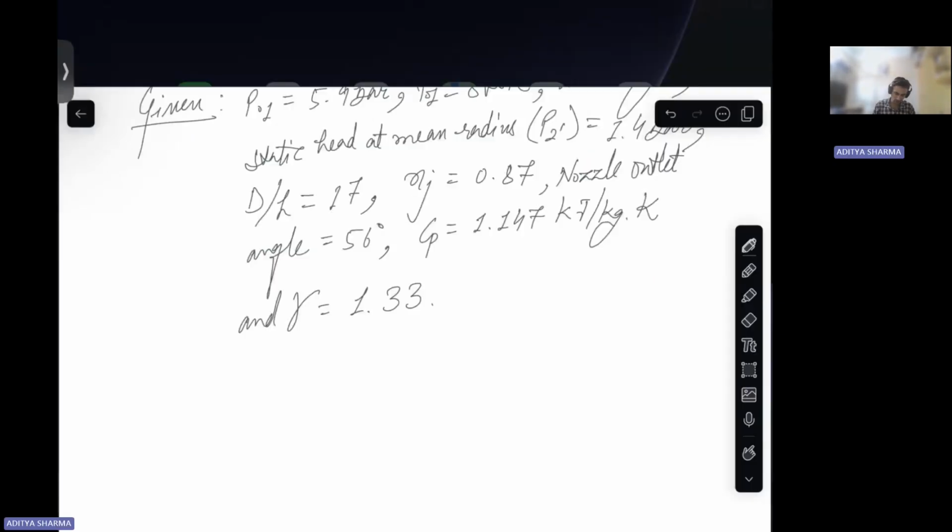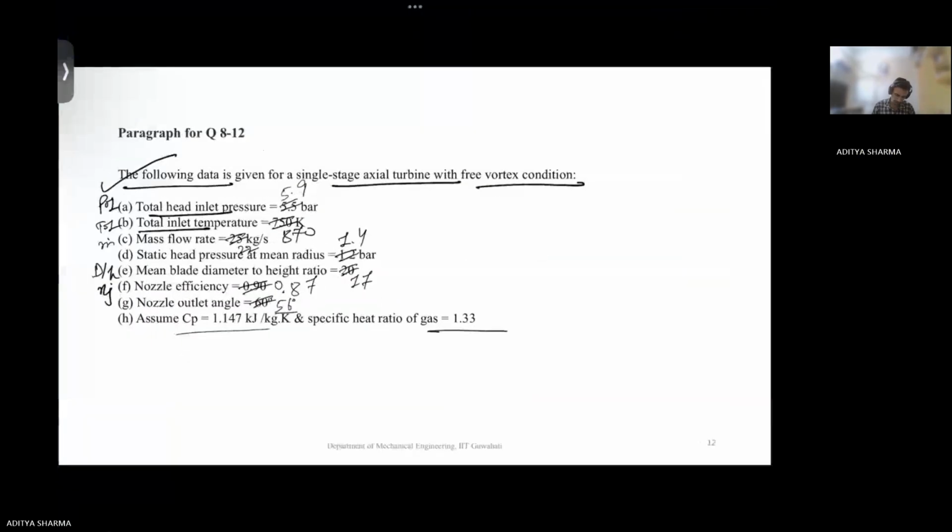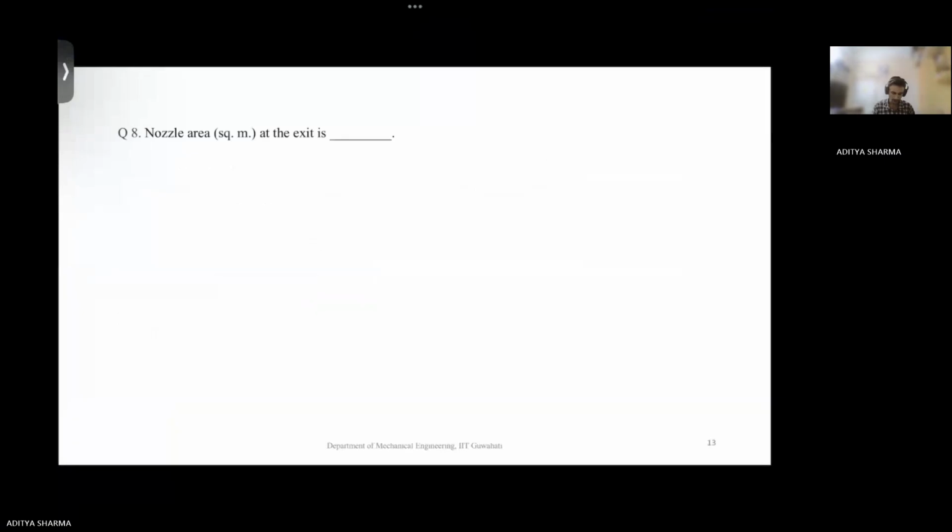Okay, then let's see the questions. So this is your turbine. The nozzle area at the exit has been asked. So we need axial velocity, right?